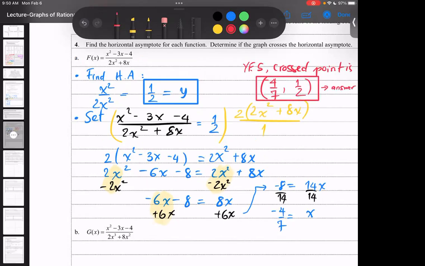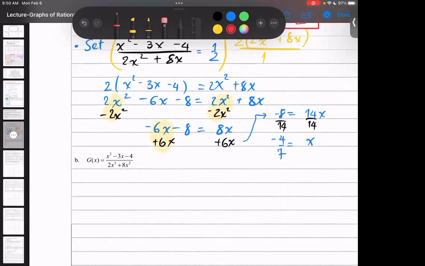That's your answer. So far, so good. Pretty simple stuff. Nothing scary there. Not yet.